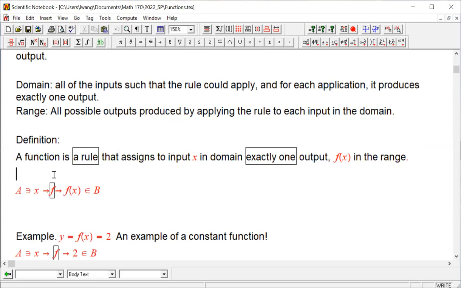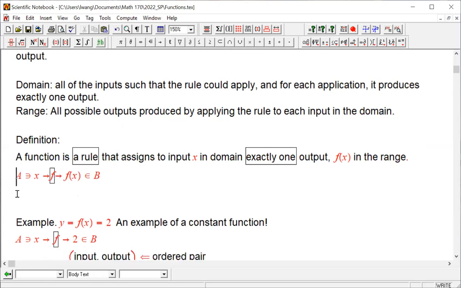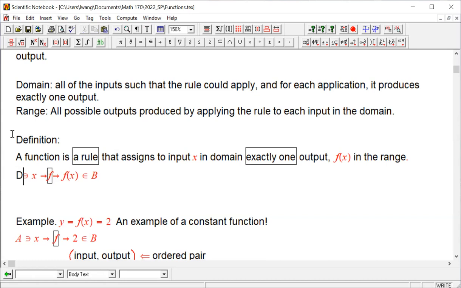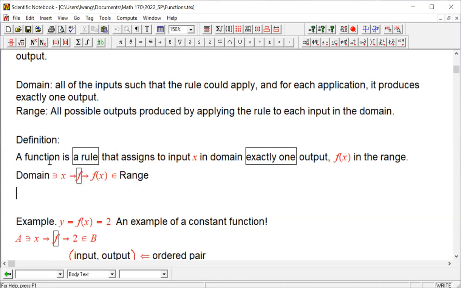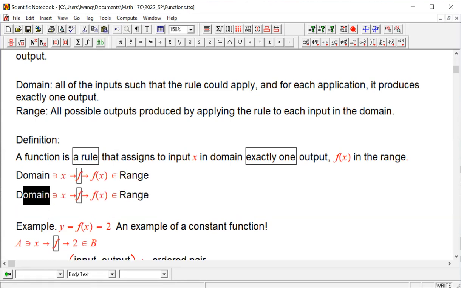In short, we draw this diagram. Every input from the domain produces exactly one output in the range. And sometimes we use shorthand notation D for domain, and a shorthand notation for range.